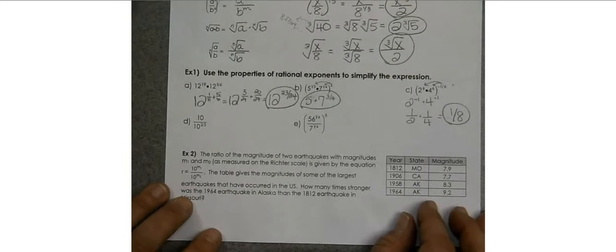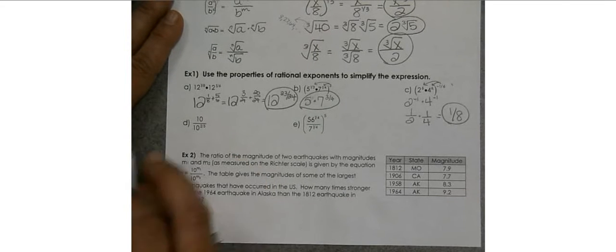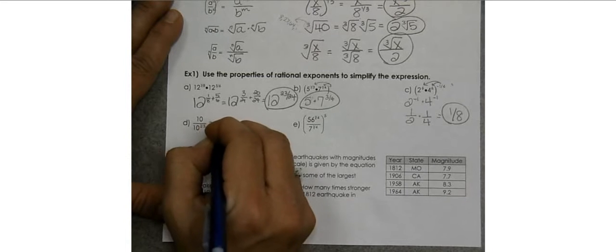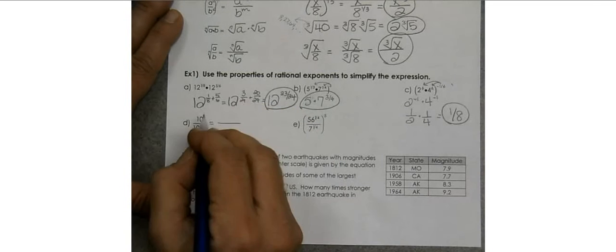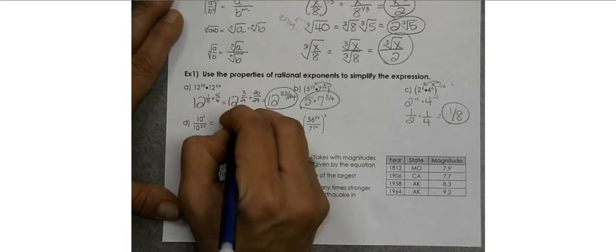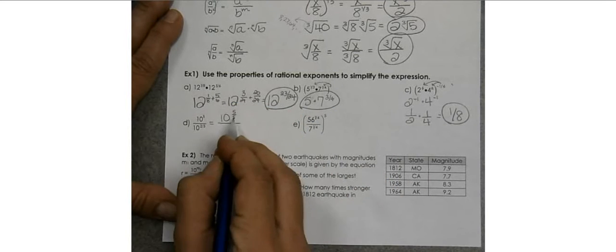Let's talk about letter D. We have 10 over 10 to the 2/5. Now, remember that this is like 10 to the 1st and 10 to the 2/5, and we want to subtract these exponents. Well, maybe we should think about that exponent as 10 to the 5/5. Isn't 5/5 1?